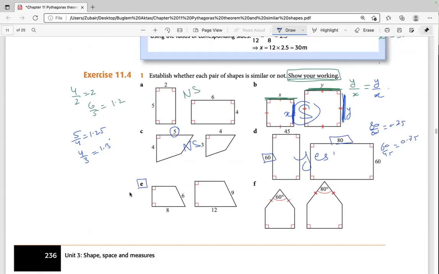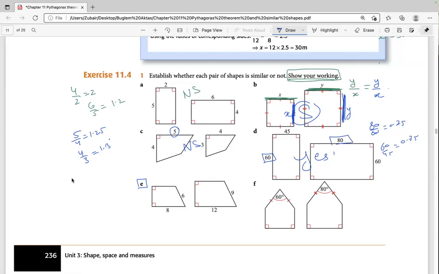Work out this E part on your own completely and let me know the answer. The ratios are the same.